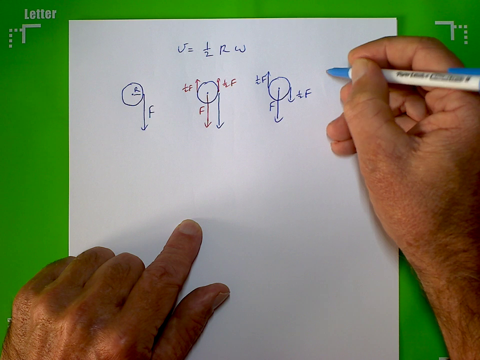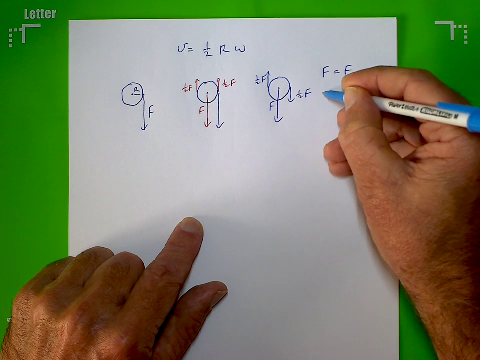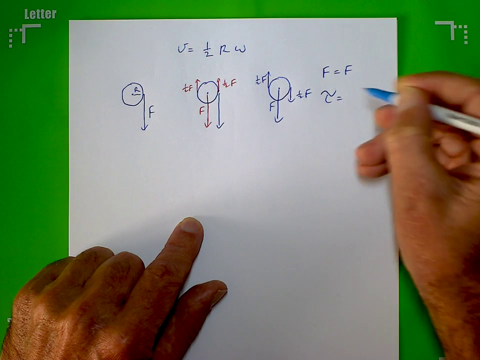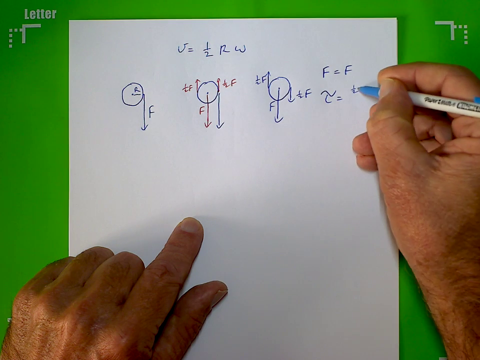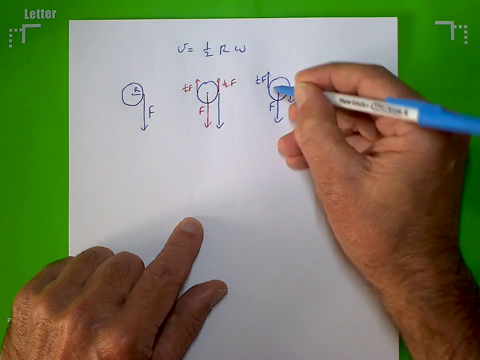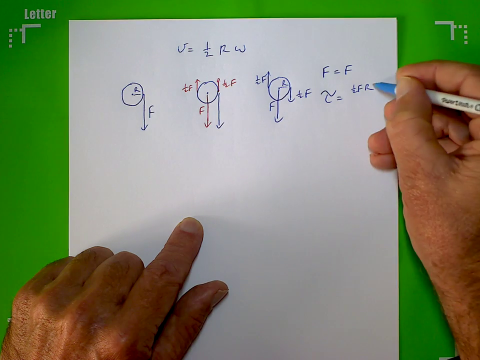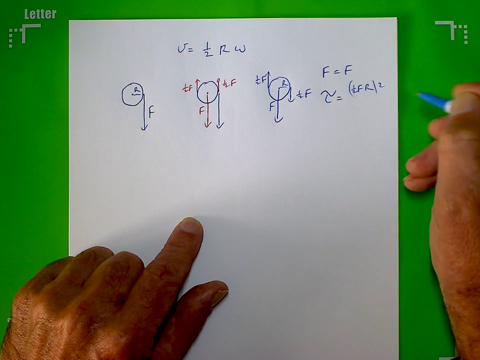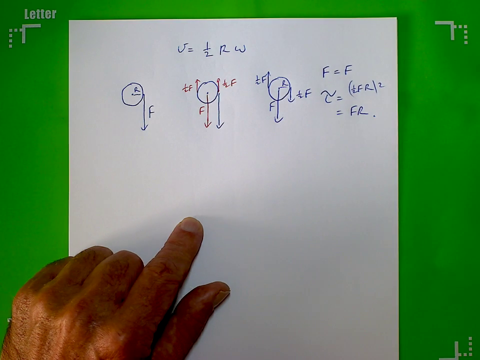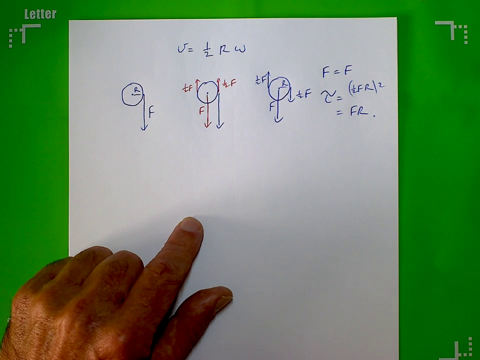So the linear motion, we just have the force is equal to F. The angular motion, we have torque is equal to a half F, the force, times R, the radius, and there's two of those, times two of those, which is just equal to F R. Okay, so now we've got the linear force and the torque.